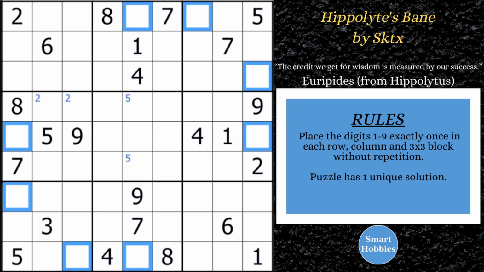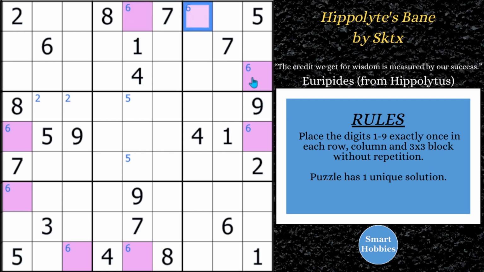we want to mark these 6s, and I'm also going to color them because what we have here is an X chain. And the way an X chain works is you have a series of strong and weak links of all the same candidate. So there's a strong link between these 6s because if this is not a 6, that would be a 6. If the one's false, the other's true.